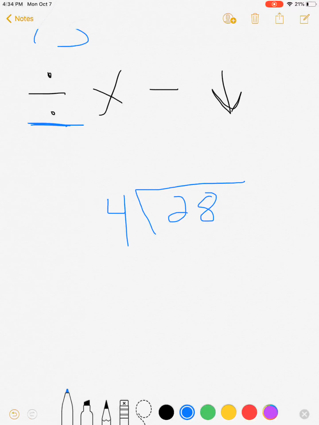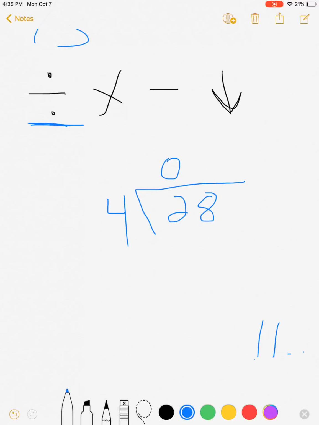4 divides into 2. I'm going to draw 2 sticks over here. How many groups of 4 do I have? I hope you said 0. 0 groups of 4 in that 2. If I have 2 sticks, how many groups of 4 can I get? 1, 2, 3, 4. I'm missing 2 more sticks, so I don't have any groups of 4.